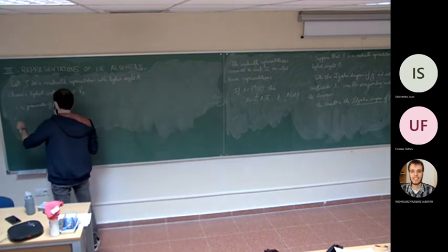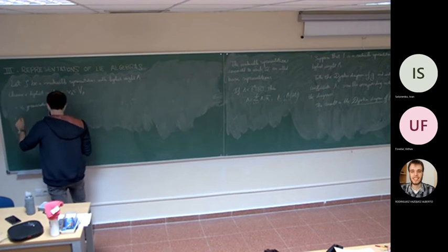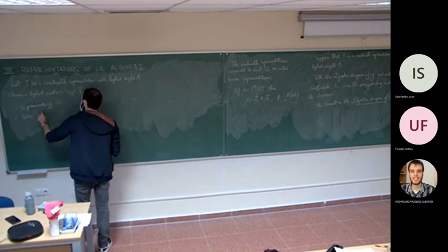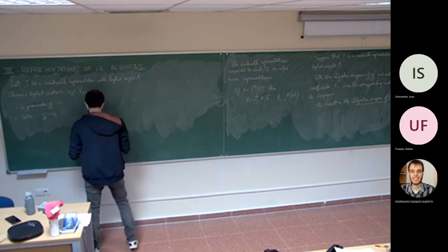And now let's define the following vectors, which are indexed in the following way. We will say that V sub empty set is v lambda, so we did nothing to v lambda.